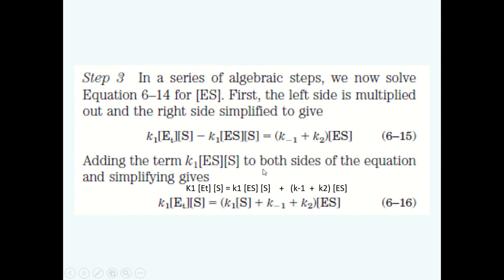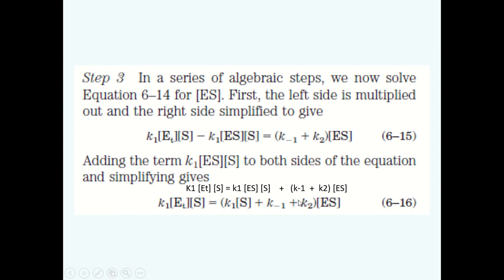And now again, since ES is a common factor in both of these terms, we take ES common from here, so we are left with K1S plus K minus 1 plus K2, whole times ES. So ES is a common term in this expression.